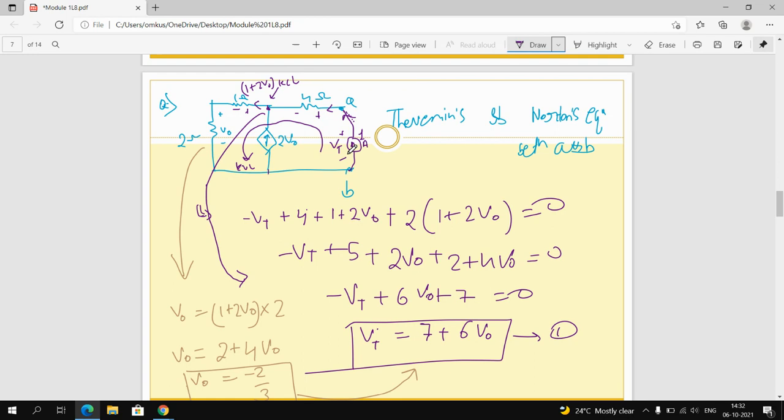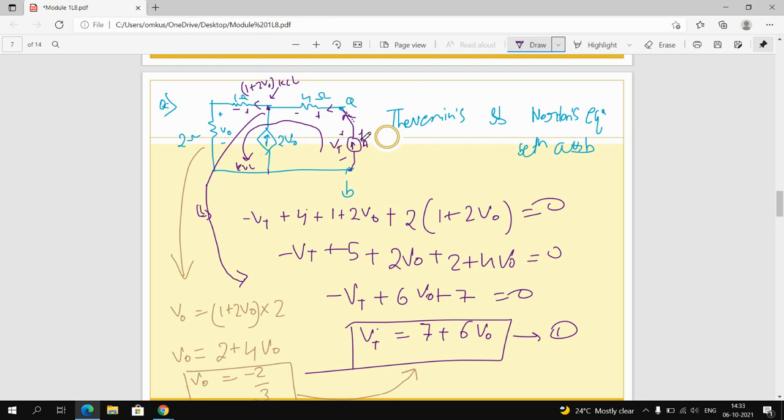If I had taken a 1 volt source, I would need to find out the current flowing in that branch. Then I would have to use KCL, assume a value for some new voltage, and take this voltage minus that 1 volt divided by this. So you are finding the current flowing through this branch, and similarly this, and similarly this. The process may be different, but whatever answer you get is the same.